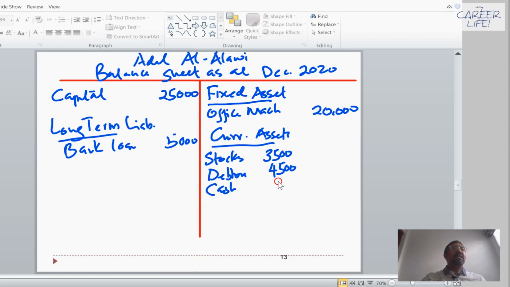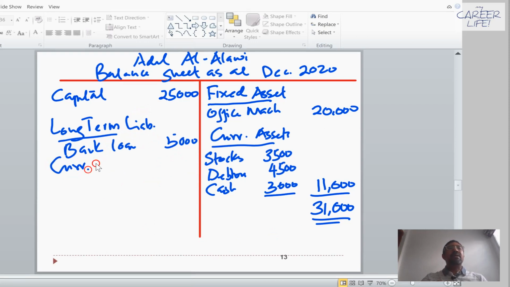That's 8,000. Then we have cash of 3,000. So all these add up to 11,000. So you can check your fixed assets 20,000, add it to the current assets, and you're going to get 31,000.